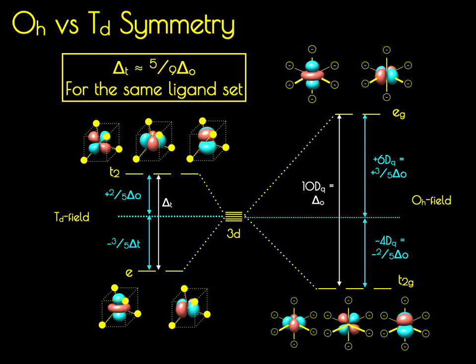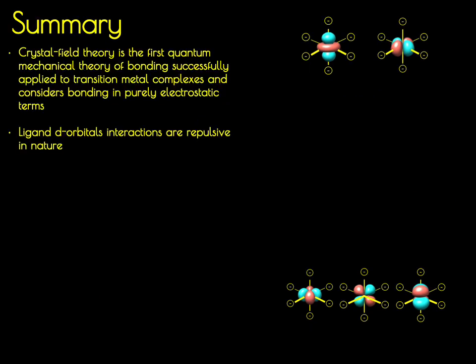So now to summarize, crystal field theory is the first quantum mechanical theory that was successfully employed towards the bonding in transition metal complexes, and it considers bonding purely in electrostatic terms. Ligand point charges interact with the d orbitals, and that interaction is repulsive in nature.